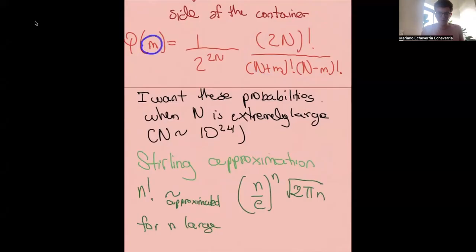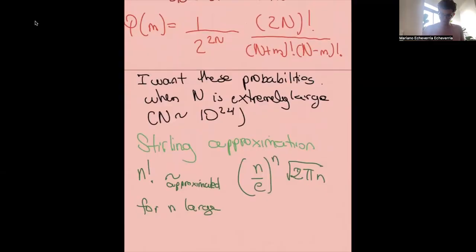Here you have to imagine that little m is fixed, and the number you're changing is n. So this will be a very large number, this will be a very large number, and this will be a very large number. So each of these is well approximated by the Stirling approximation. Let me put that here.